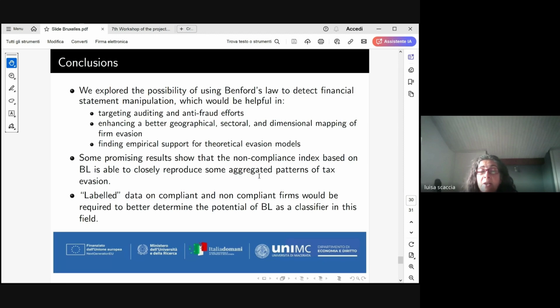And obviously the best way to check how reliable this instrument is would be to have labeled data, which we do not have. And this is why we use the aggregation and we compare the aggregated results obtained with the Benford law with those obtained using other different indexes for tax evasion.